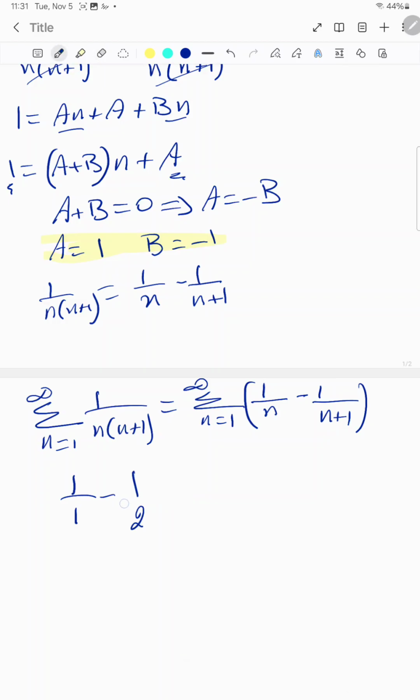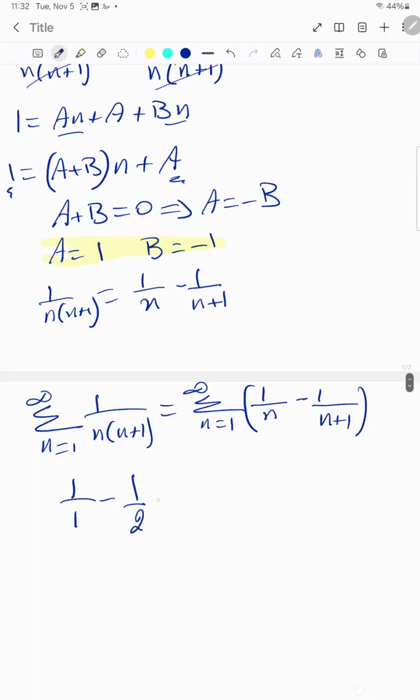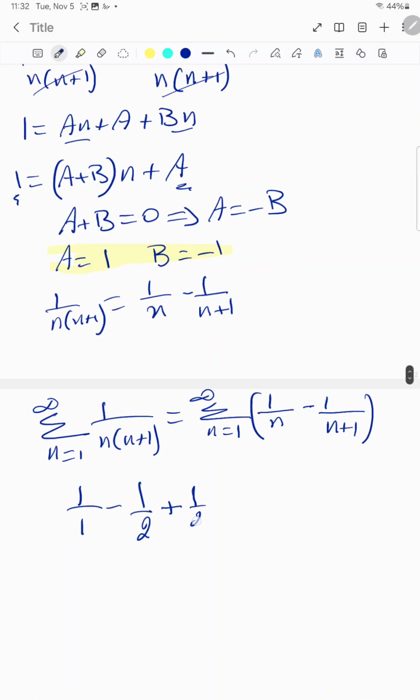If I take the second term, where n is equal to 2, I would have plus 1 over 2 minus 1 over 2 plus 1, which is 3. And the third term, plus 1 over 3 minus 1 over 4, plus 1 over 4 minus 1 over 5, plus etc., plus 1 over n minus 1 over n plus 1.